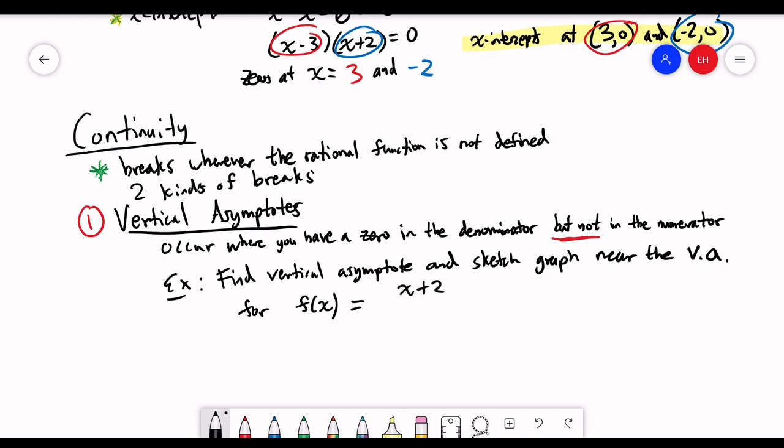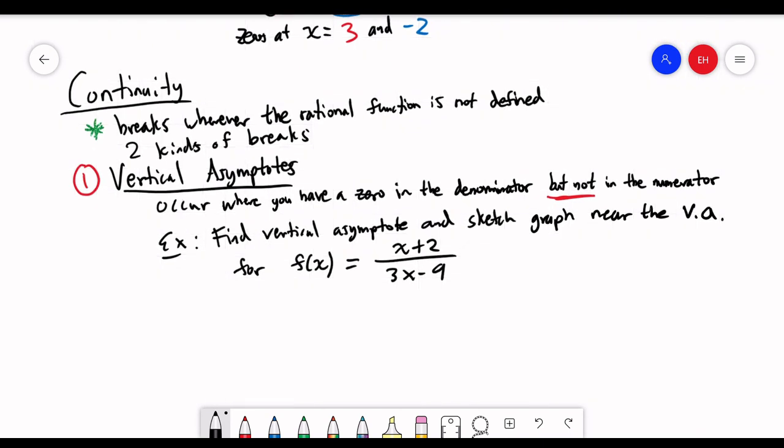So we have a rational function, f of x equals x plus 2 over 3x minus 9. Again, the breaks are going to be where it's undefined, and a fraction is undefined when there's 0 in the denominator. So we just focus on that denominator and ask, is there any x where that can be 0?